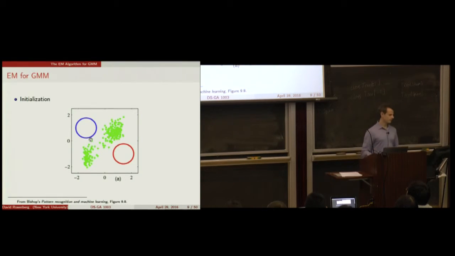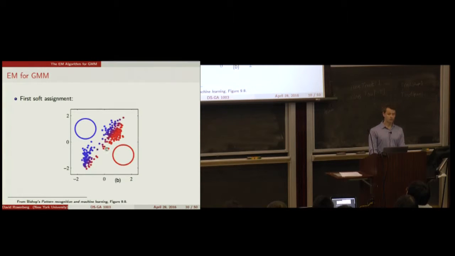So for every point here, we find the probability that it belongs to this cluster and the probability it belongs to this cluster. And here we color code based on those probabilities. Dark blue is 1, dark red is cluster 2, and things in between are some kind of mixture in probabilities. Clear?